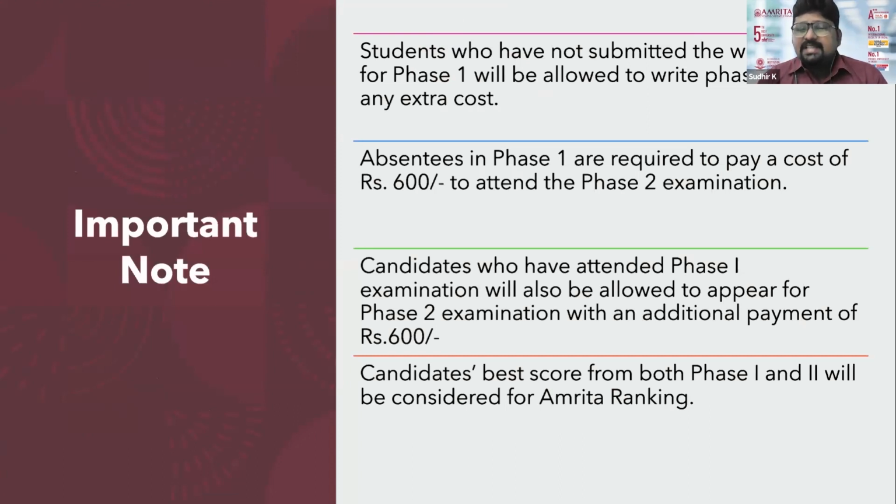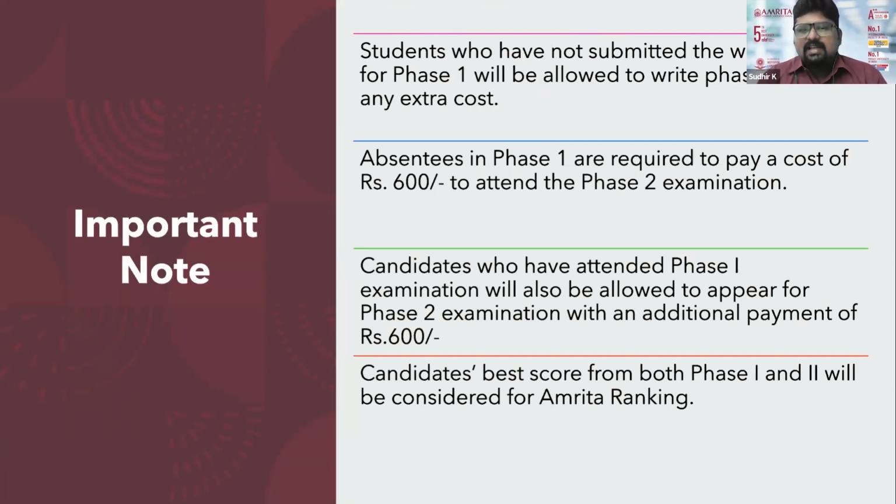For absentees in phase 1, if you have booked the slot and given willingness but didn't go to the exam, don't worry. You can write the exam again in phase 2 by paying a cost of rupees 600, which will be activated after phase 1 is completed.